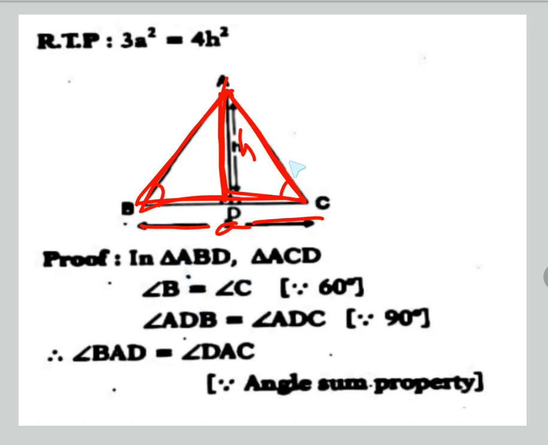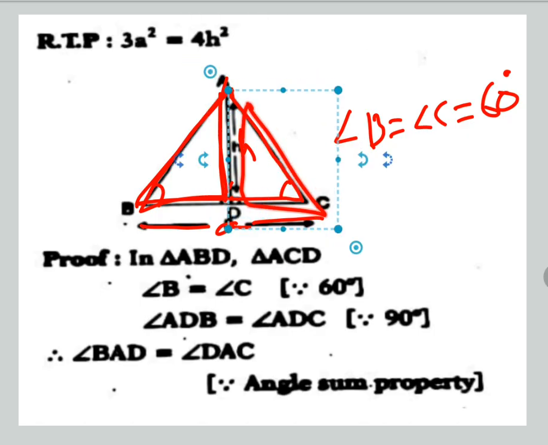Because this is an equilateral triangle. Equilateral means all the angles are equal, so angle B and angle C are 60 degrees. And angle ADB is equal to angle ADC, equal to 90 degrees.